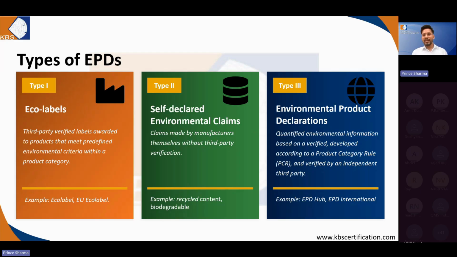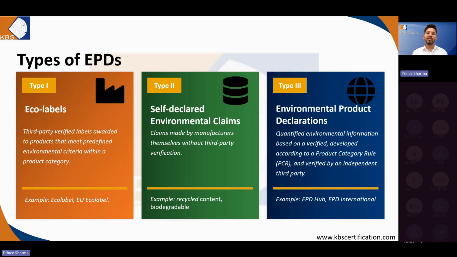It is third party verified. It has comparability between the products. It has information on various environmental impacts that eco labels cannot cover. And if we compare type 2 with type 3, then self-declared environmental claims always have fewer categories included in the declaration.